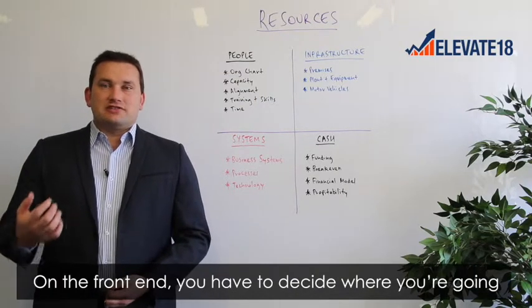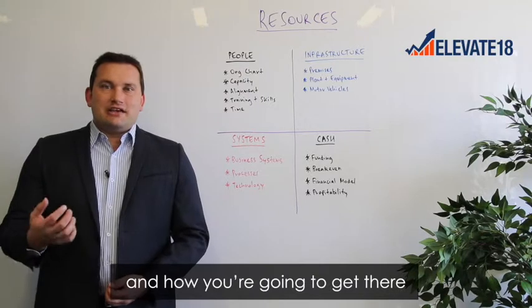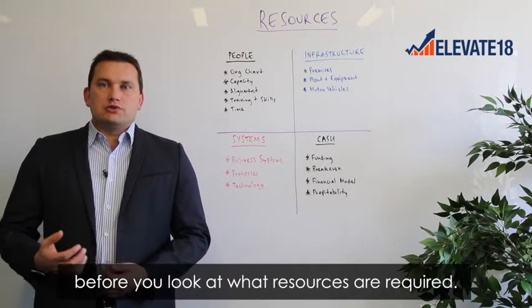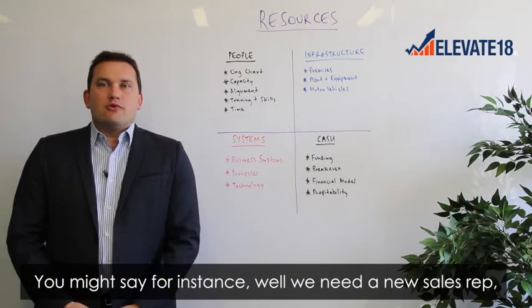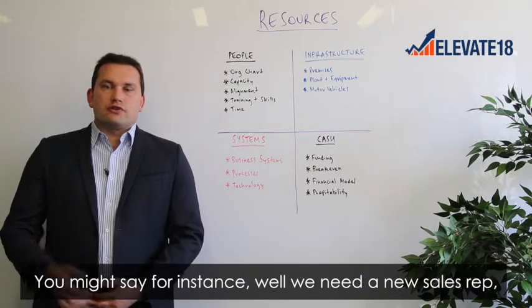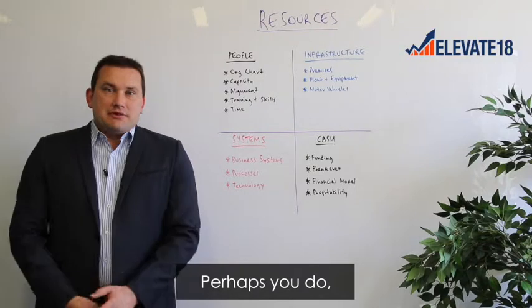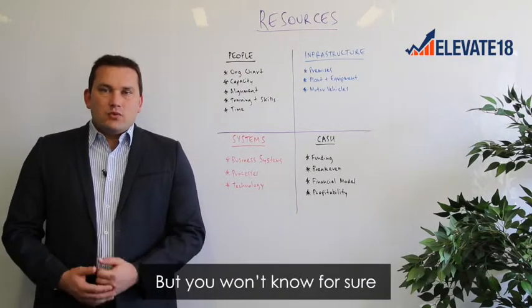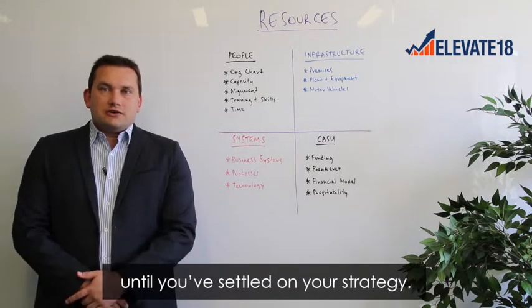On the front end you have to decide where you're going and how you're going to get there, so that's vision and strategy, before you look at what resources are required. So you might say, for instance, well, we need a new sales rep or some extra machinery, and perhaps you do. You may well need those additional resources, but you won't know for sure until you've settled on your strategy.